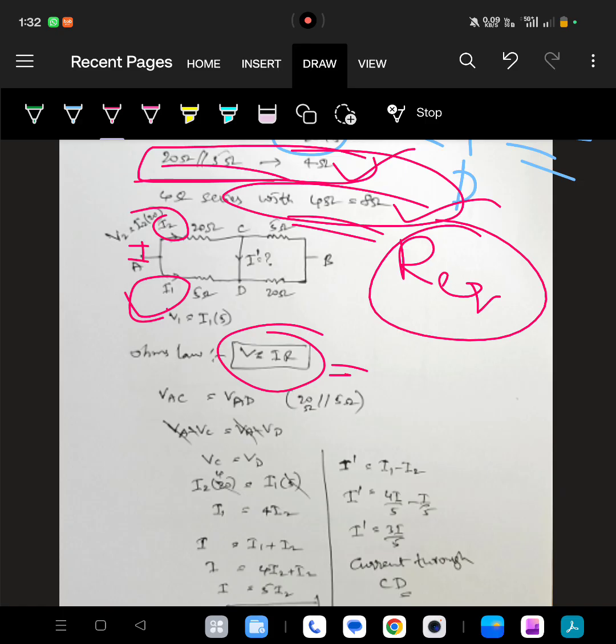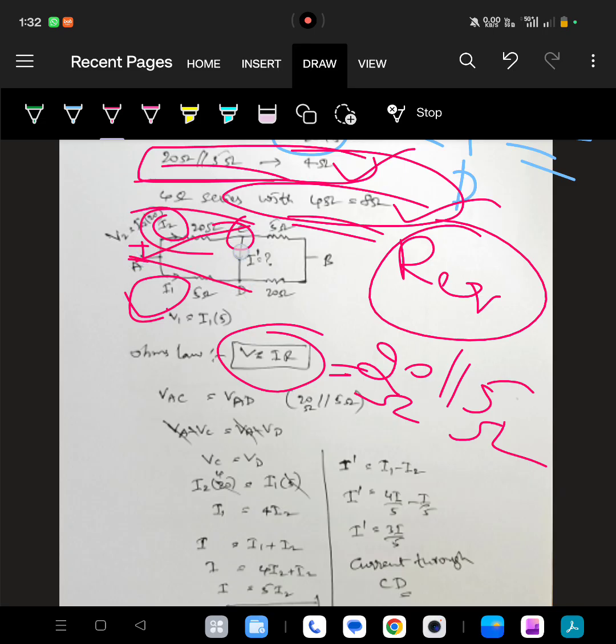So what can we say? They are parallel, as already said: 20 ohms is parallel to 5 ohms. As they are parallel, the potential difference must be equal across the resistors. The PD value will be the same.